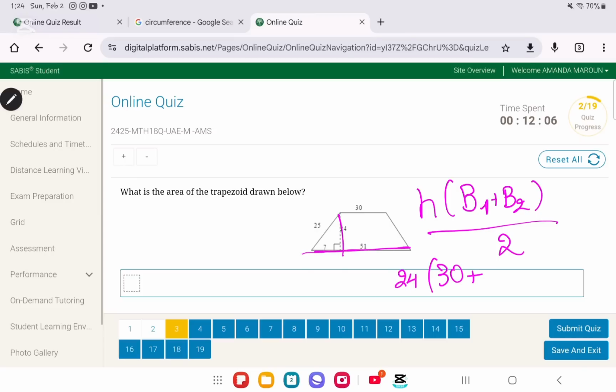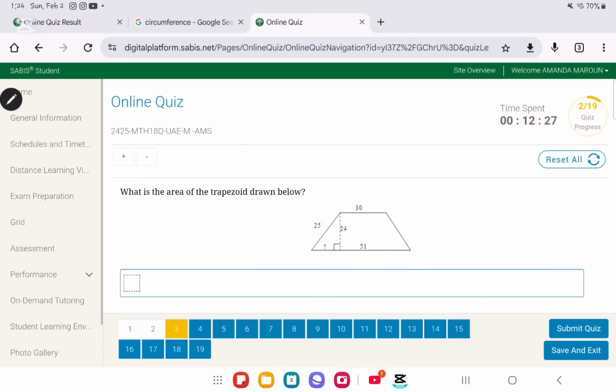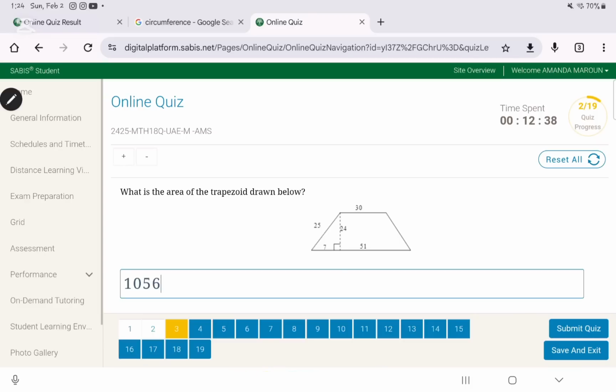Base 2 is all of this, so it's 51 plus 7, okay, this is plus 7 divided by 2. So if you put it on the calculator, 24 times 30 plus 51 plus 7 divided by 2, you are gonna get an answer of 1056. So the answer over here is 1056.